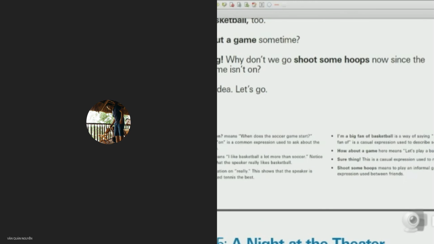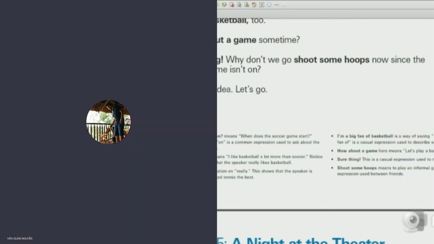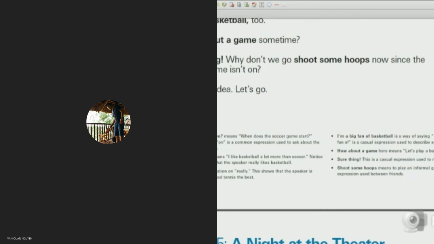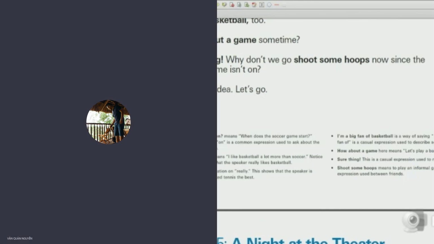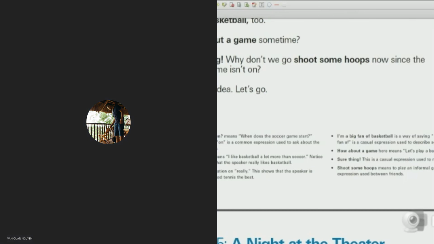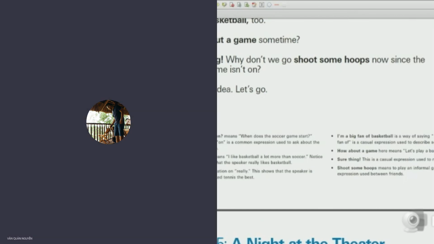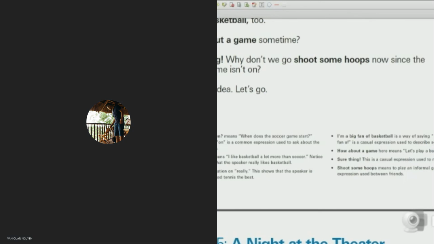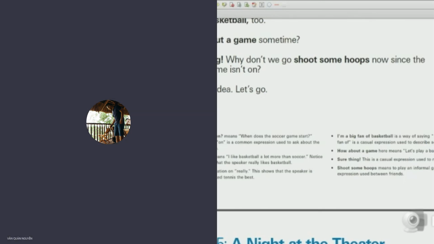So here in this example, he likes basketball more than soccer. So notice how much is stressed to show that the speaker really likes basketball. So I much prefer basketball. Okay, so oh really?